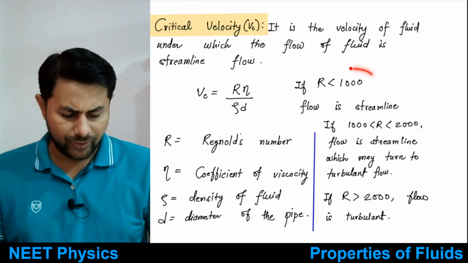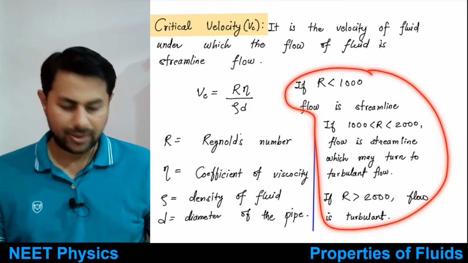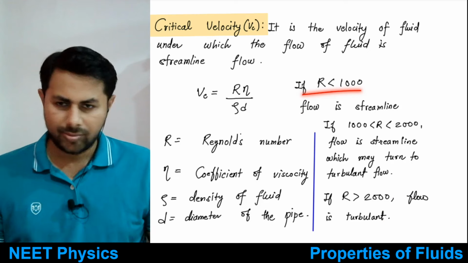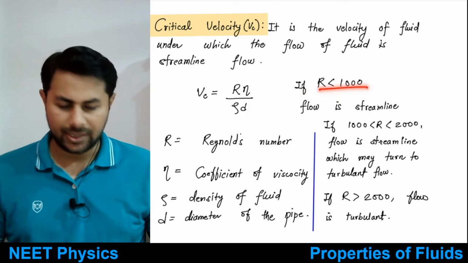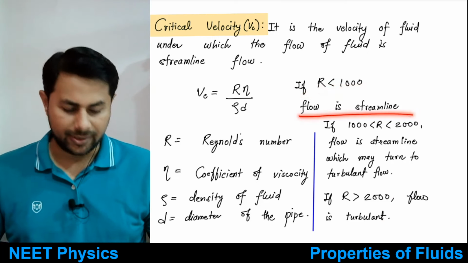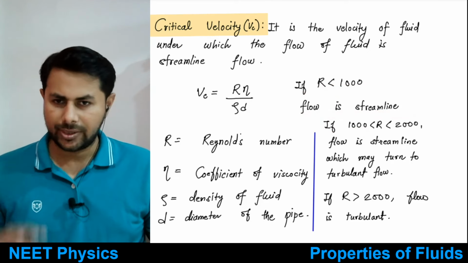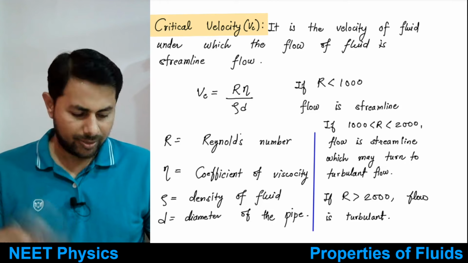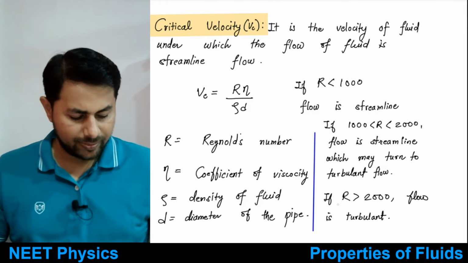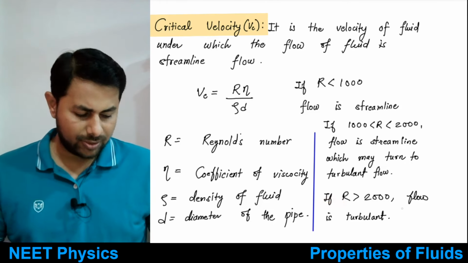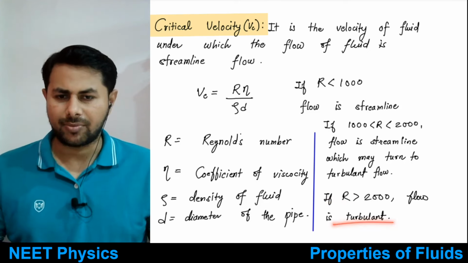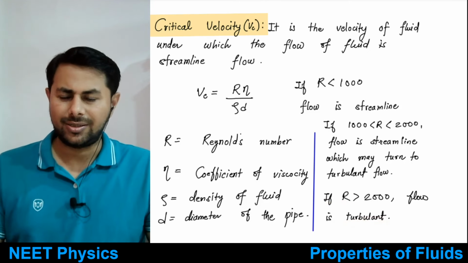So we just need to remember this criteria. If it is less than 1000, the flow is streamlined. Between 1000 and 2000, it might turn to turbulent flow at some point. And if it is greater than 2000, the flow is definitely turbulent. This thing is clear, everyone?